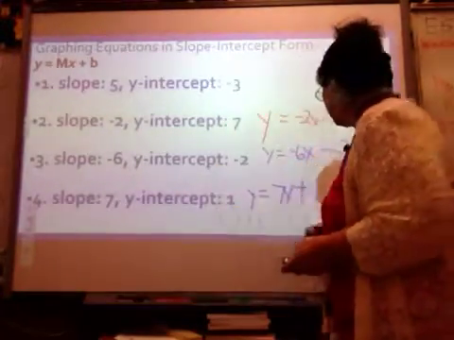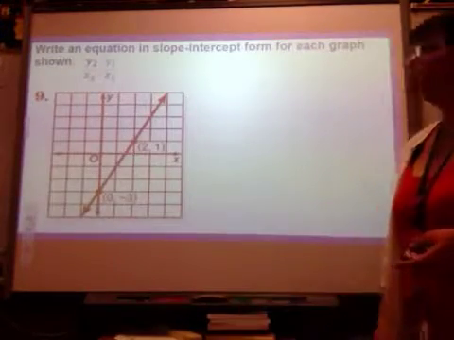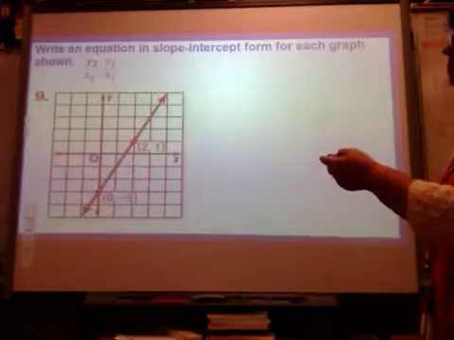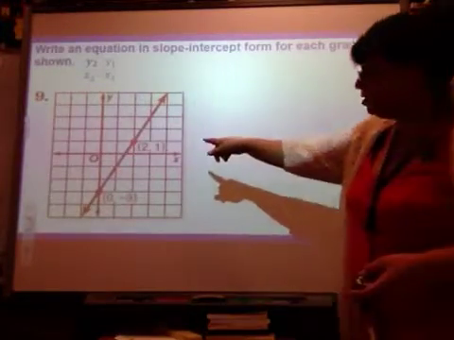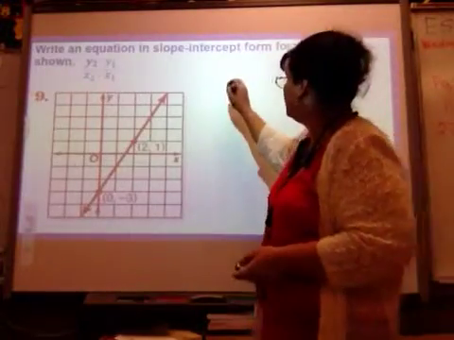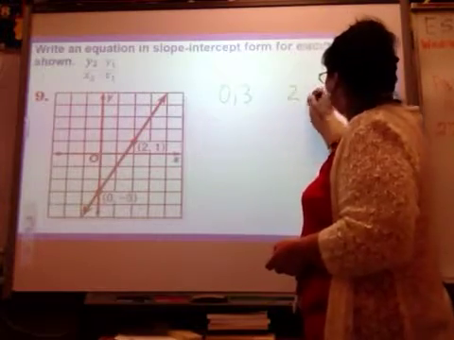Okay, let me clear this. Alright, now you're going to do number 9. Oh, look, I did a different equation right here. I did my slope-intercept form. So what I'm going to do is take these points, okay? So I have 0, 3 and 2, 1.